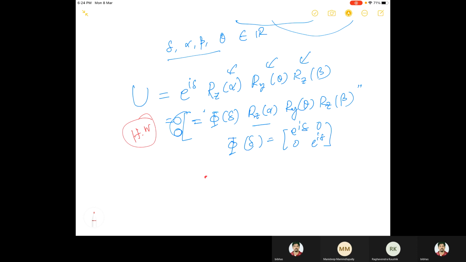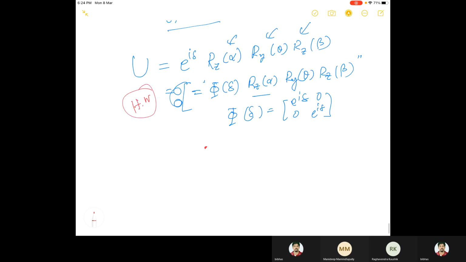Now what I'm saying here is interesting. Now I will write this U. This is another representation I'm giving, because I need to form the circuit.